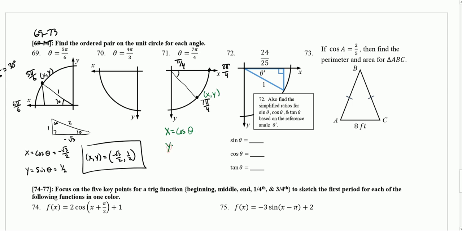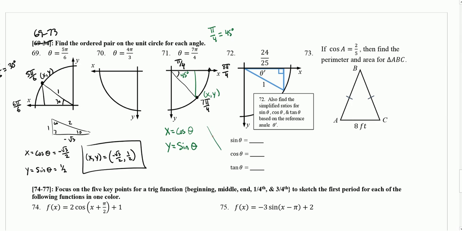Y is our sine of theta. We have our reference angle here is between 7 pi over 4 and 8 pi over 4, which is pi over 4. Pi is 180, so 180 over 4 is 45 degrees. So we have a 45, 45, 90.